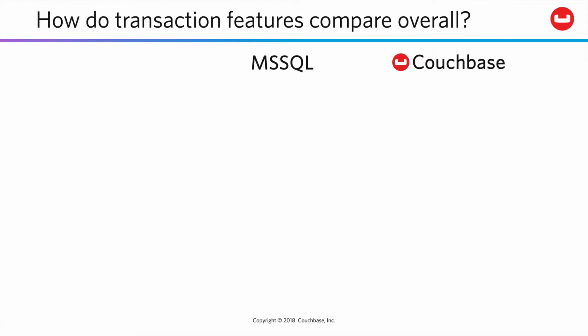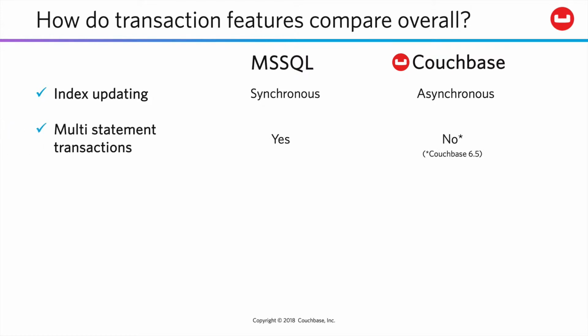Due to our complementary focus on high-volume, highly scalable systems of engagement, Couchbase historically provides a data modeling-focused approach to atomicity. Now, architecturally, this all means SQL Server indexes are updated synchronously, while Couchbase index updates are asynchronous.